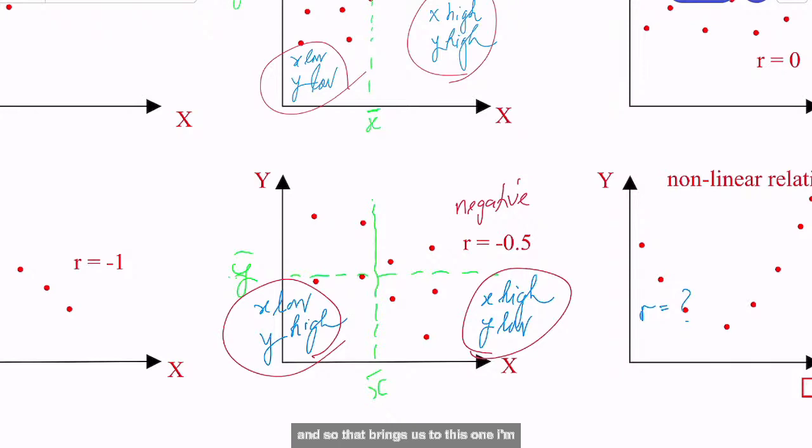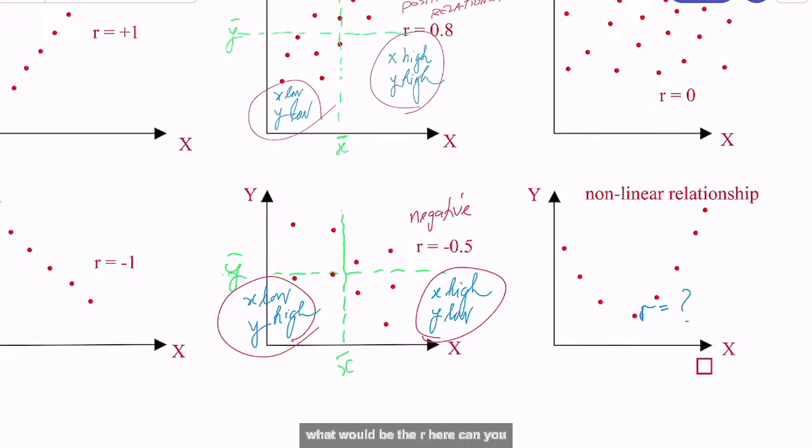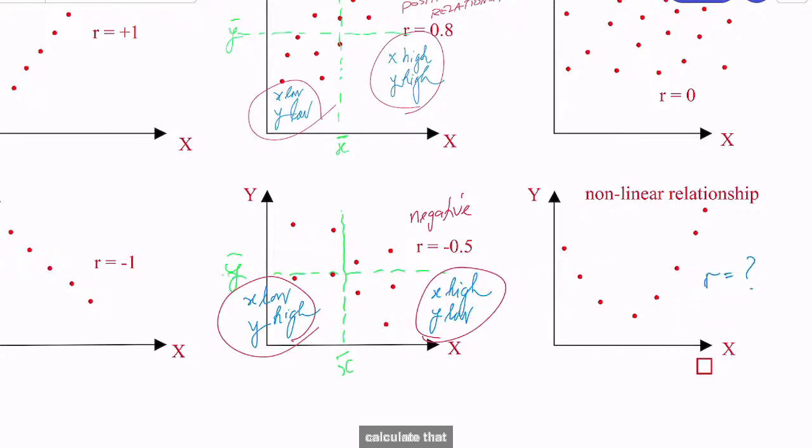And so that brings us to this one. I'm back to the question. What would be the R here? Can you calculate that? You can do the same thing, divide the data in half.